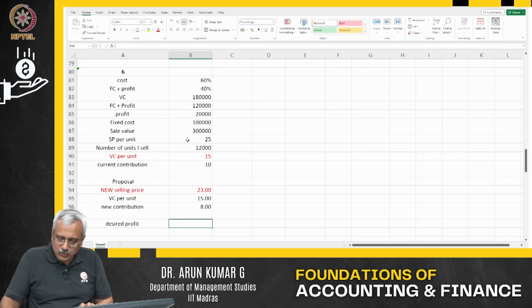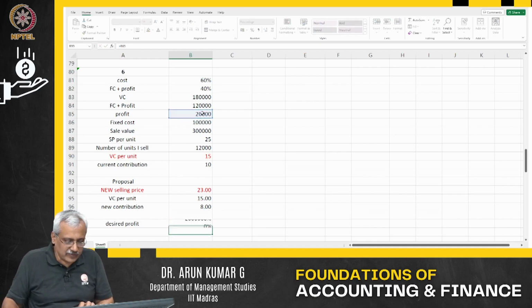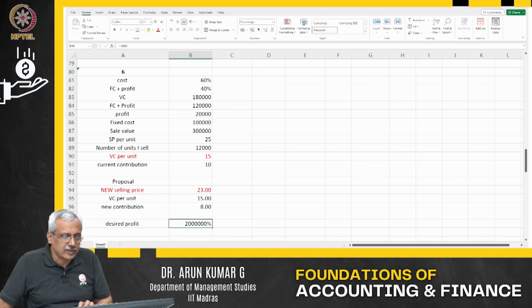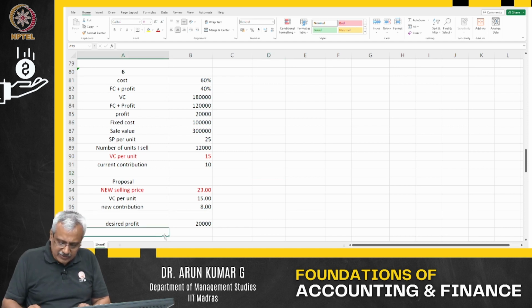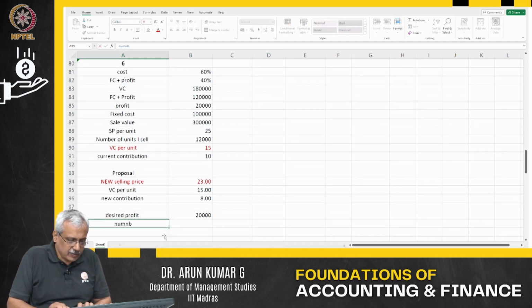Desired profit is the same 20,000 which was given earlier. This is not decimal, this is not in percentages. My fixed cost is known. So, what is the number of units to be sold to earn the desired profit?